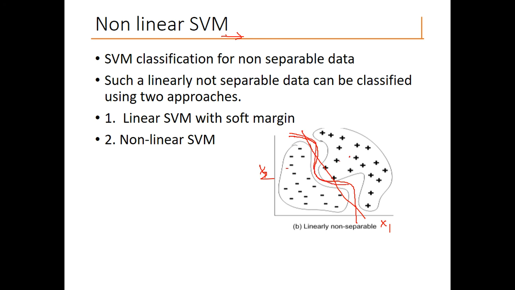Means you cannot separate with a line, but if there is a curve, we can separate. So how to do that? That can be done in two ways: using soft margin, and second, using non-linear SVM. So we are going to discuss non-linear SVM now.